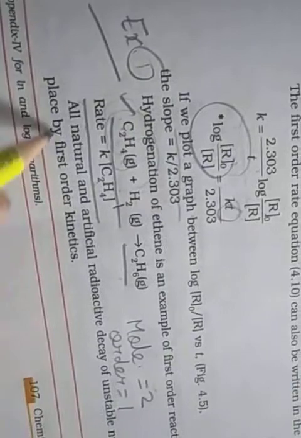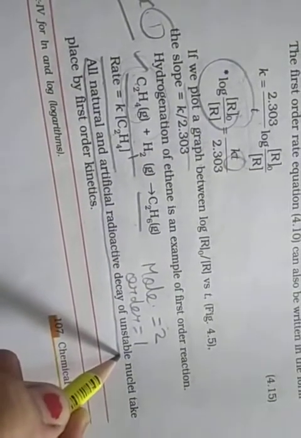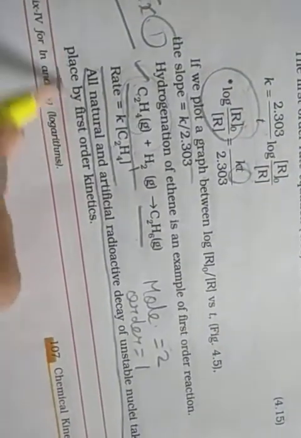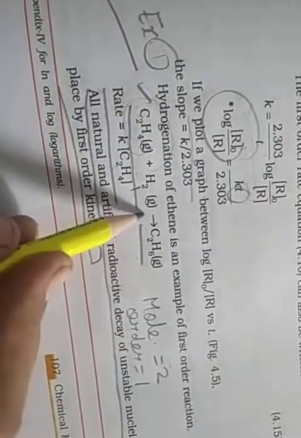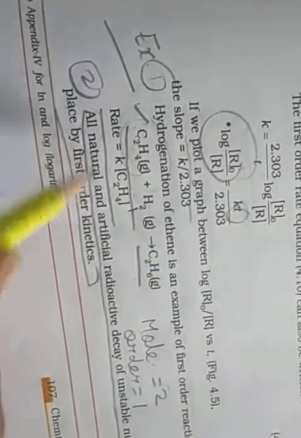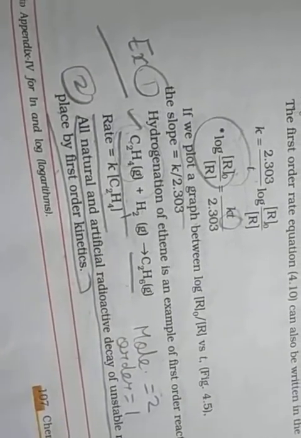The second example: all natural and artificial radioactive decay of unstable nuclei takes place by first order kinetics.